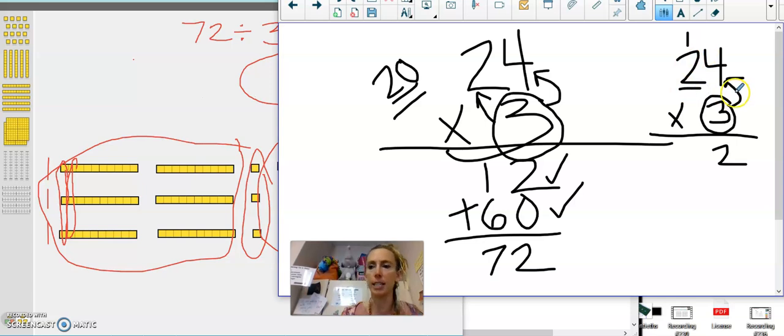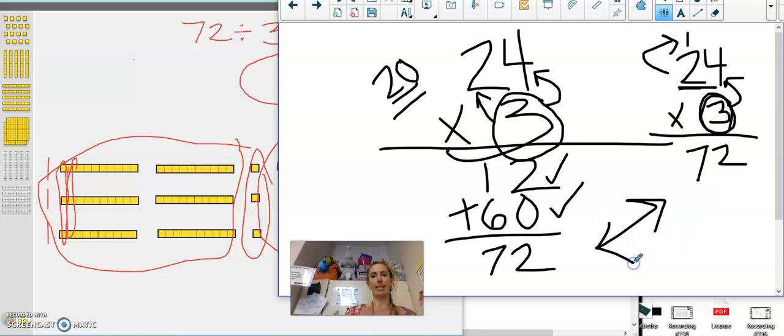It's kind of like addition. And now I proceed. Now I'm going to do 3 times 2, remembering that that's 2 tens, and I get 6 tens plus 1 more 10. So I had 6 tens, add 1 more, now I have 7 tens. And 7 tens, if I put it right here, is 70, which is why it just goes in front of the 2. So I can do it either way, all right?